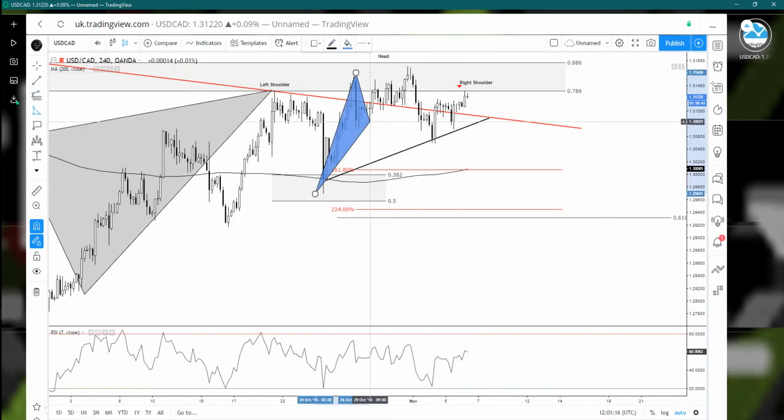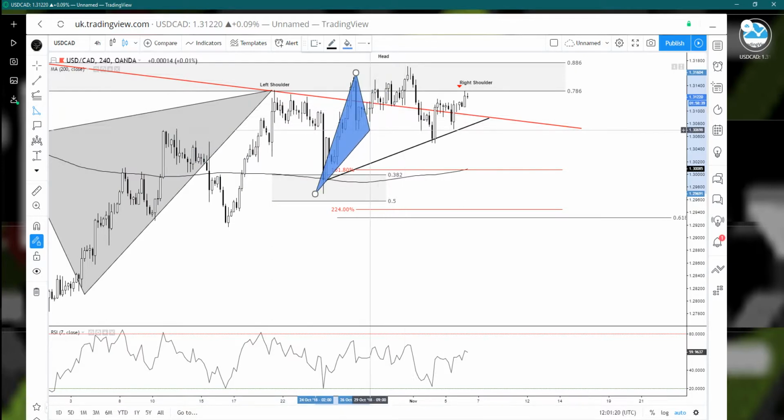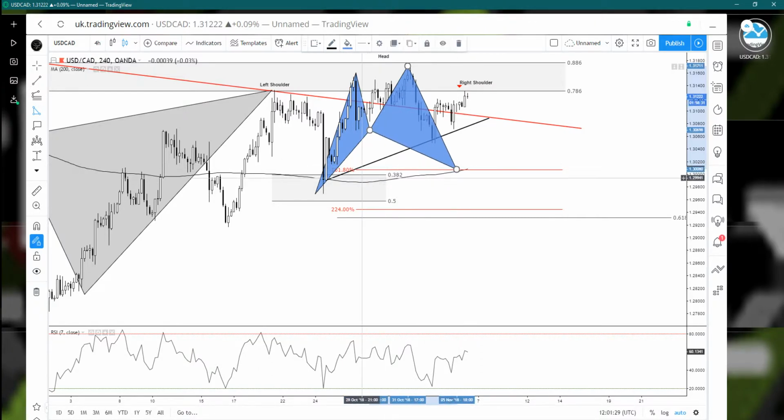Eventually, if the price rejects to trade above this high, I admit the possibility for one eventual bullish shark pattern at 168 extension. I admit that possibility, which can extend to the 224 extension, obviously.